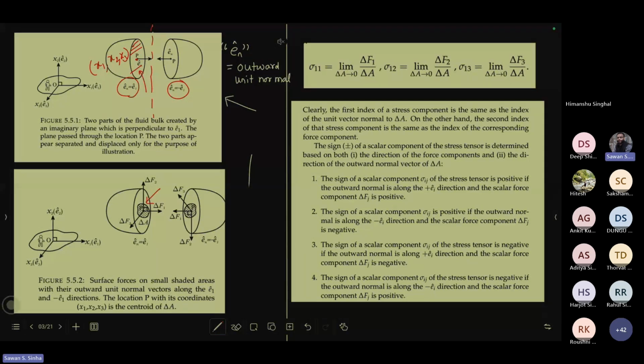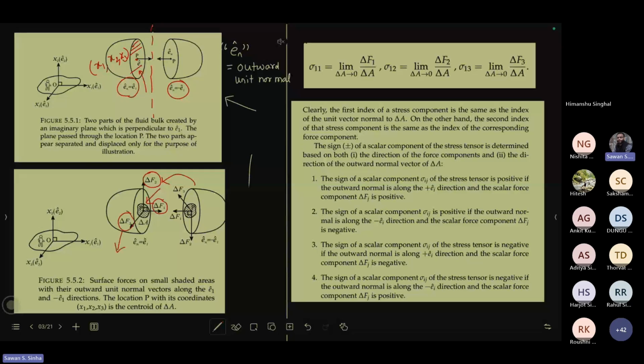Then I take a small area which has its centroid at P on the left half, and I ask this question: what is the force that the right half was exerting on the left half when they were together? I am writing that force as delta F1, delta F2, and delta F3 as three components of that force.